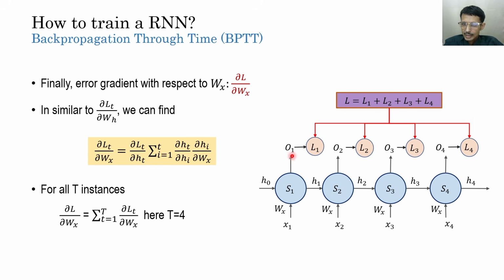So there are two components: one is the present, and another is from the total. That is very important to understand, how the total loss comes and how we can find the derivative in this way. So this is the way backpropagation through time works for a simple RNN.